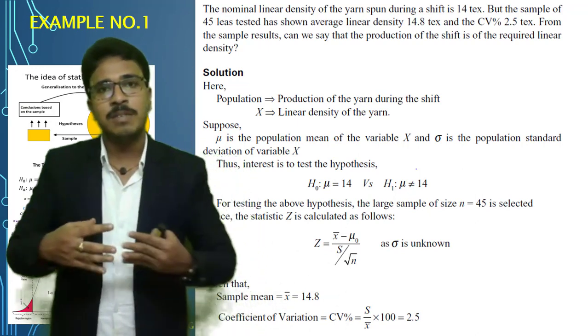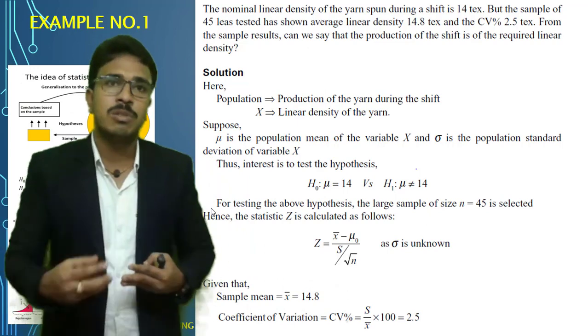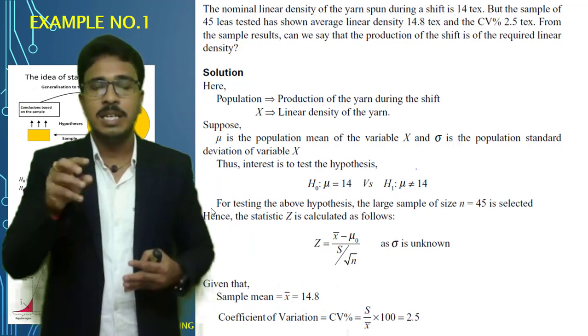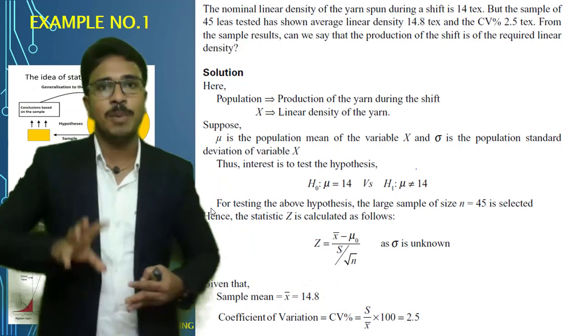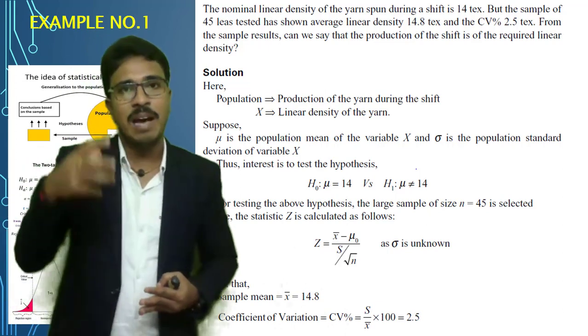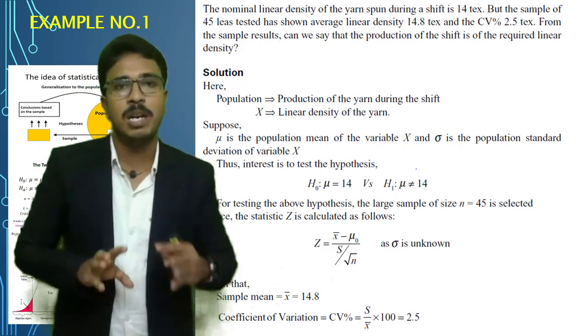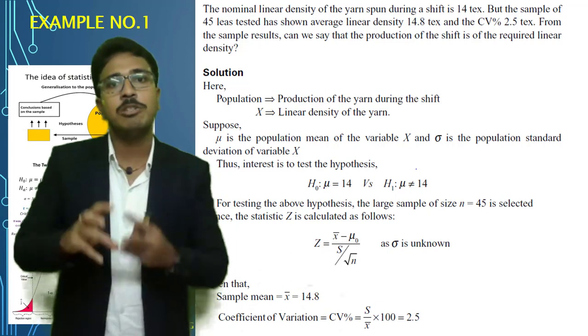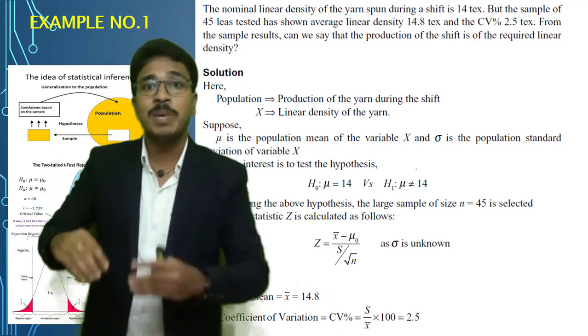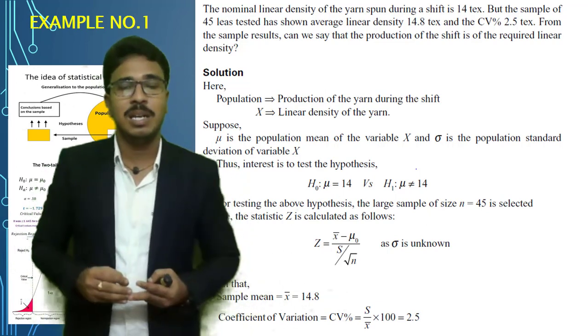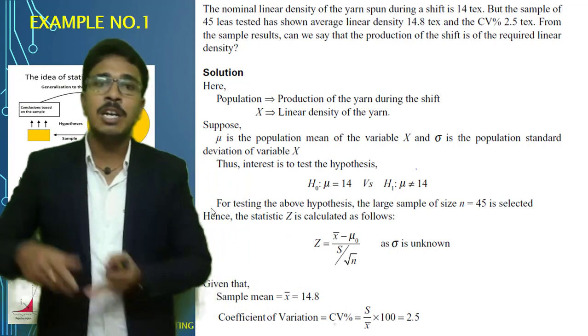After finding this out, we have to search for the term average or mean in the problem, whether the mean or average term is used or not. And you have to look at how many populations there are, whether one population or two populations.